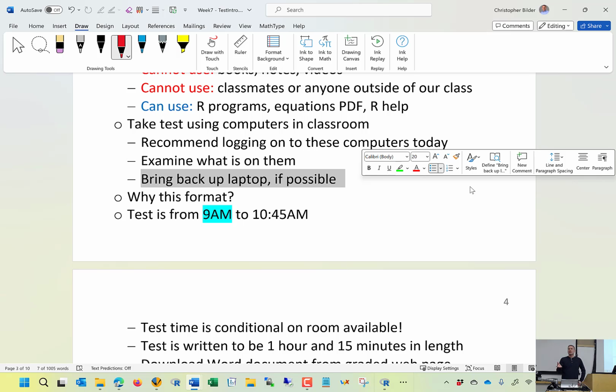Make sure you're saving the Word file as you go along during the class. You don't want to go 45 minutes and not save your file and realize you accidentally just closed out Word and you just lost all your work. Okay, so always think of having backups available to you. Make sure that after you get done with the test, email yourself the test to make sure that you have a copy of it as well.